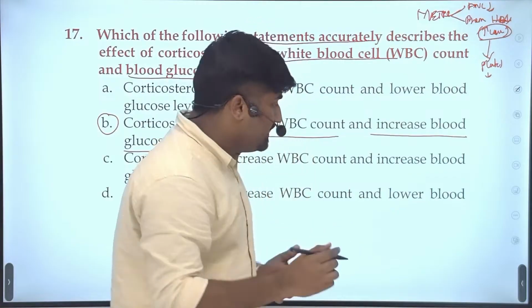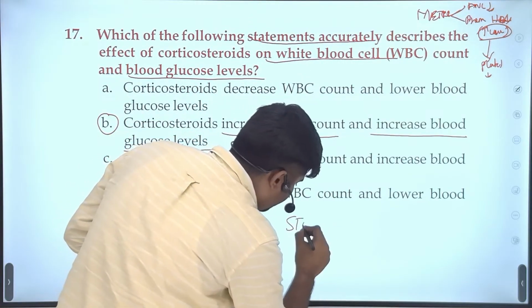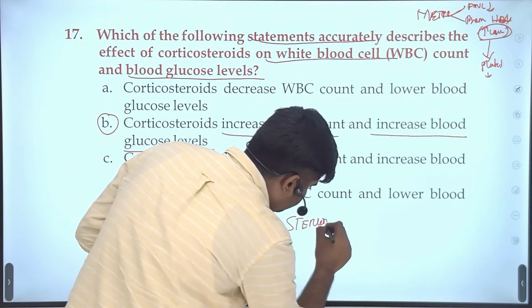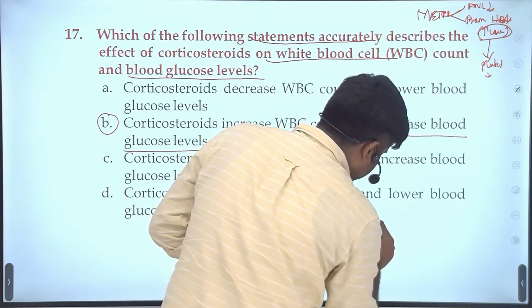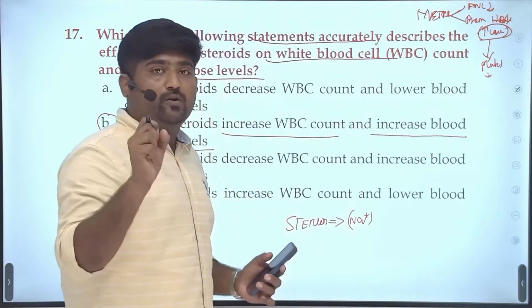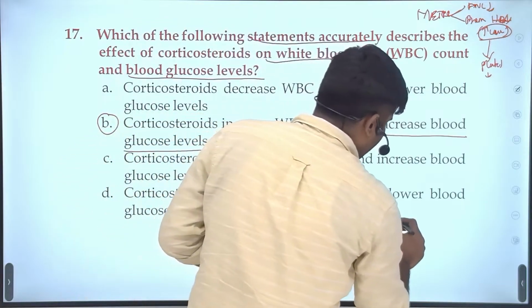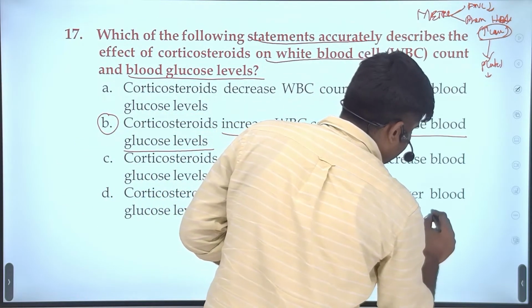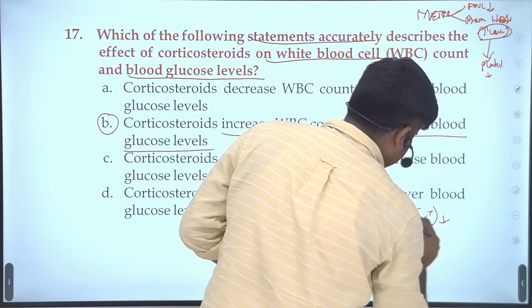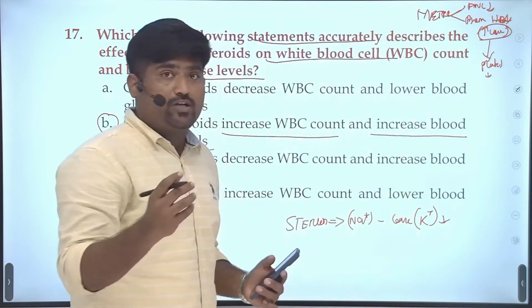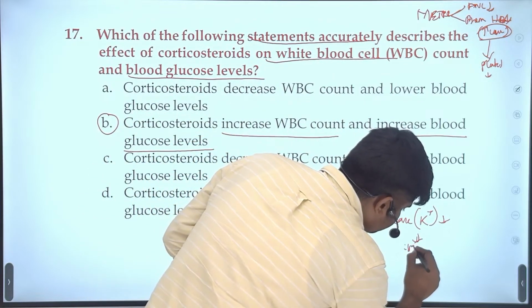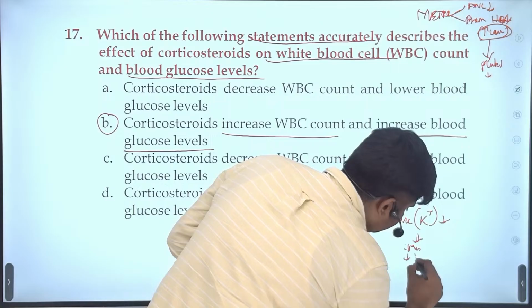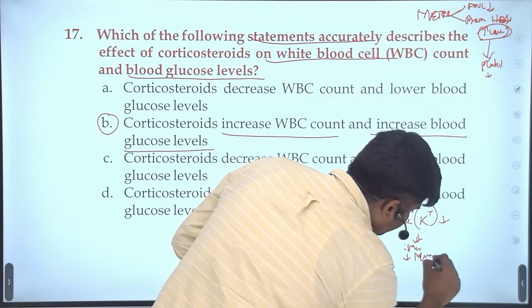So these steroids have a property: they will hold sodium and leave potassium. If the patient is taking corticosteroids, there will be muscle cramps and muscle tone will be reduced.